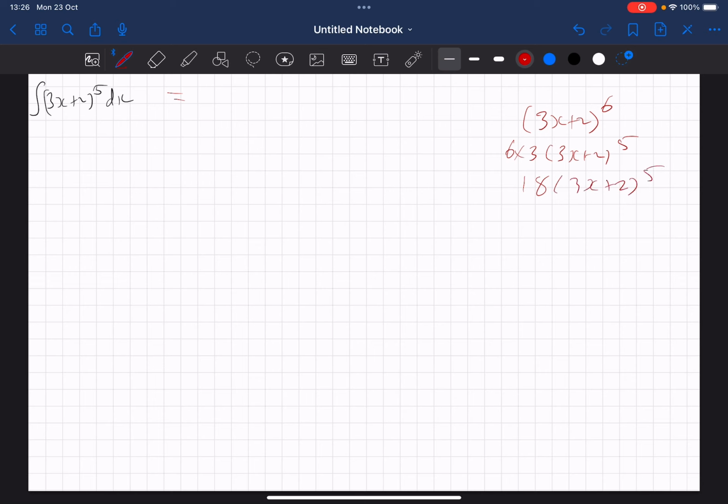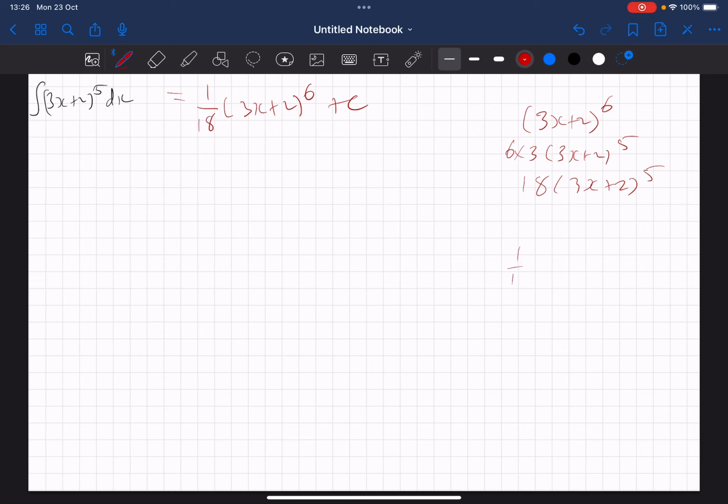Now, I've got 18 times too many of what I want, so to get rid of that, all I need to do is do 1 over 18 lots of 3x plus 2 to the 6, and have my constant of integration to ensure that those 18s will cancel each other out once you go back and differentiate this thing here.